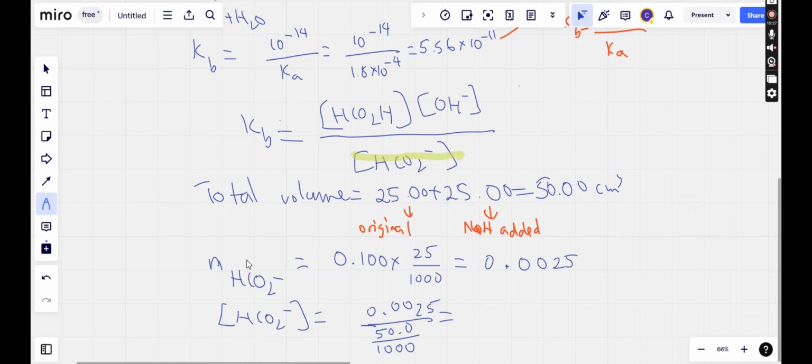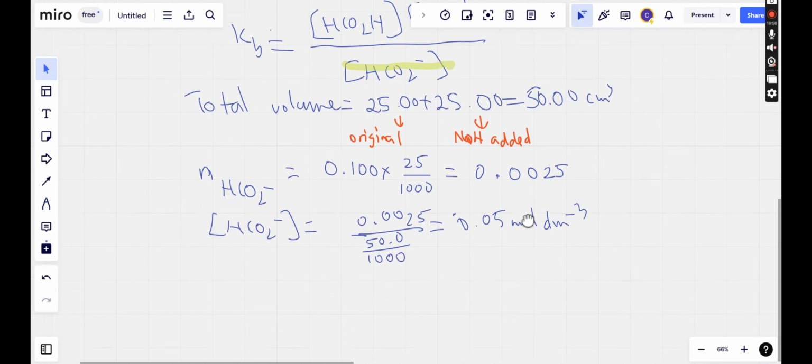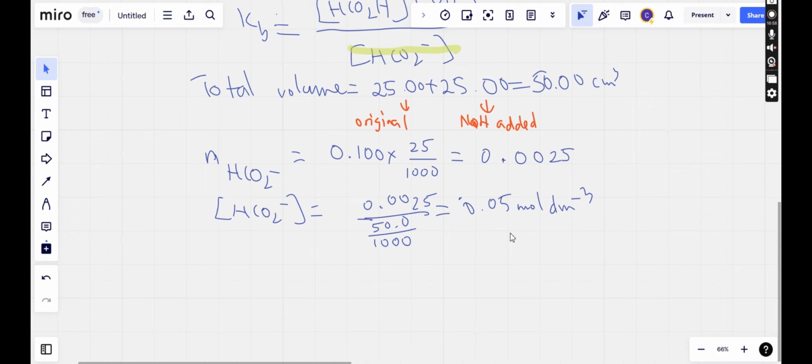So we actually get 0.0025 divided by 50 divided by 1000, which gives 0.05. I did not intend to go through this total volume thing, because in my notes I skipped it and lumped it into one equation, but I think it's better to break it down so that you guys can see it.